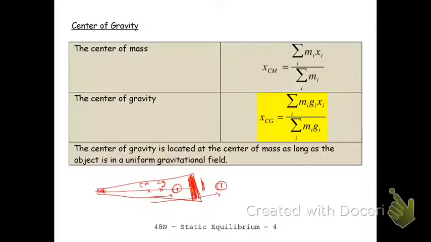How do we figure that out? Well, for a discrete set of masses, take each mass and find its weight, multiply each weight by its position, and then divide by the total weight. I could just as easily say x center of gravity equals the sum of the weight of the first one times x_i, over the total weight.